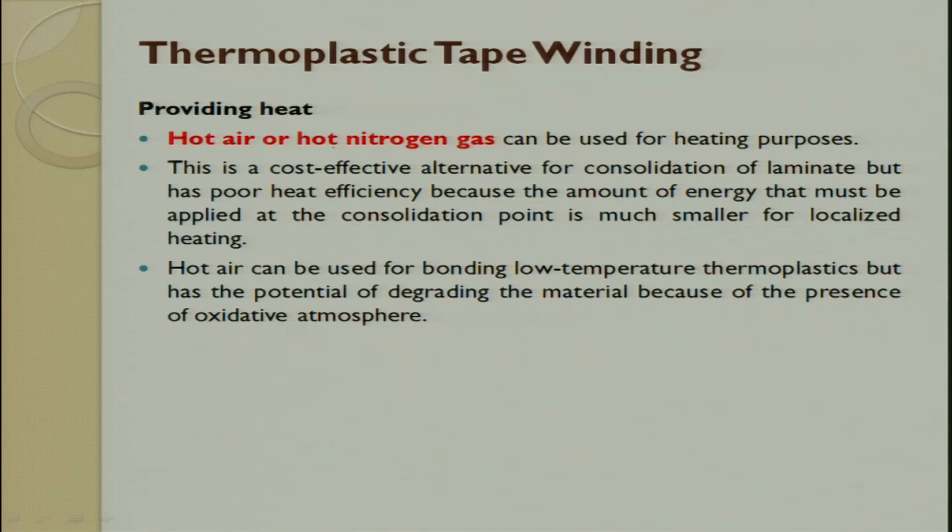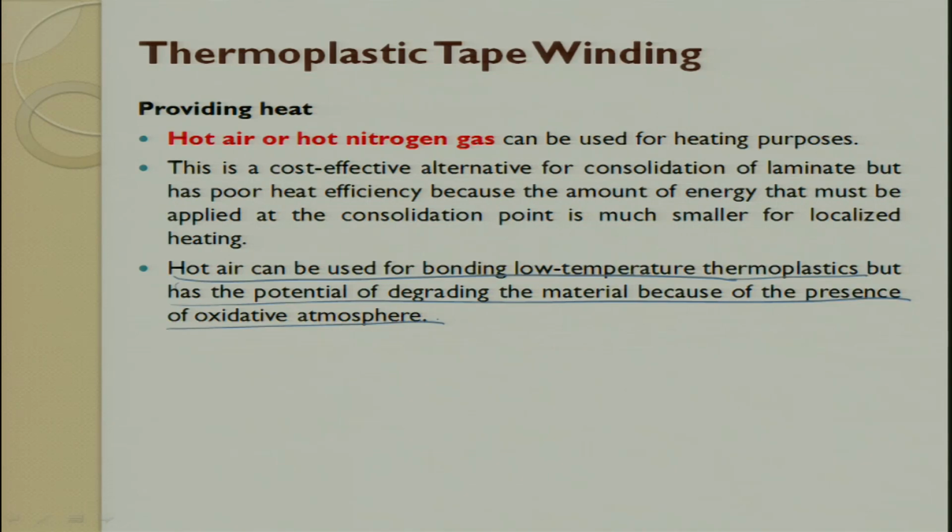Hot air can also be used, or nitrogen gas can also be used, instead of a hot gun. In fact, a hot gun is used for joining thermoplastics. If you want to do joining, we always use a hot gun. So, a hot gun or hot nitrogen gas also can be used for bonding. The hot air can be used for bonding low temperature thermoplastics, but has a potential of degrading the material because of the presence of the oxidative atmosphere.